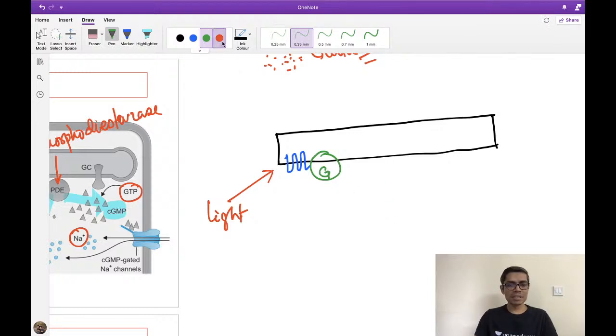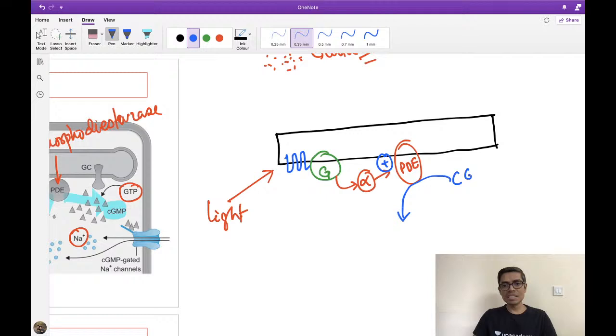Whenever this G protein is stimulated, the alpha subunit, the regulatory subunit, will be separated out, and this alpha subunit is going to activate one enzyme, that is PDE, phosphodiesterase enzyme. Whenever this phosphodiesterase enzyme is active, what is it going to do? It is going to break down your cGMP molecule into 5' guanosine monophosphate.